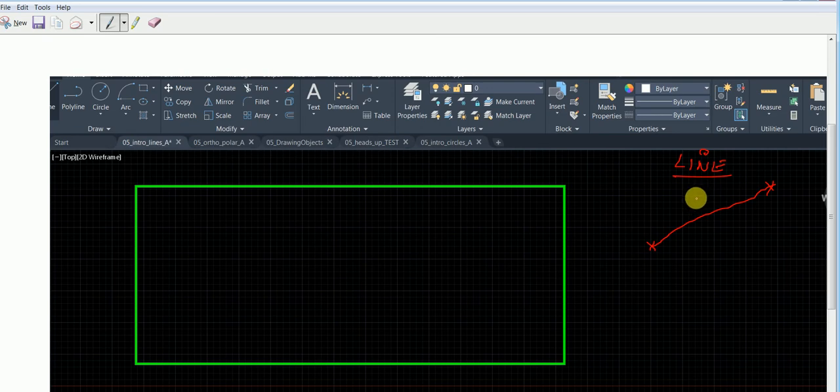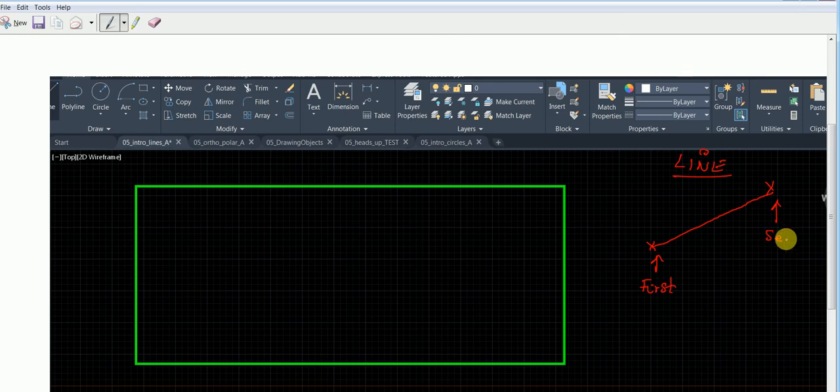I know you've been using lines for many years, but what's the meaning? A line is basically 2 points connected together, isn't it? Can I call this the first point and the second point?